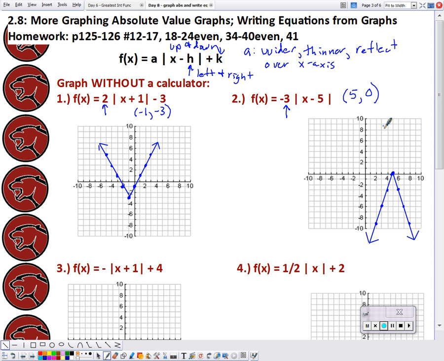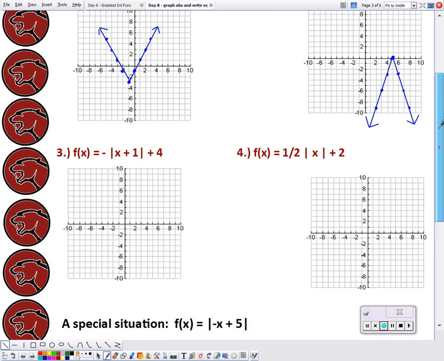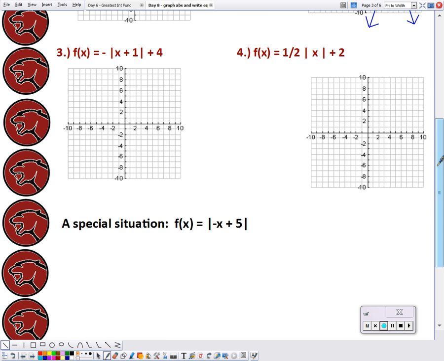Alright, now take a second, write down problem 3 and problem 4, and try them yourself. At this point, pause the video, and I'll do them in a moment. Okay, for number 3, we have a vertex of negative 1, positive 4.